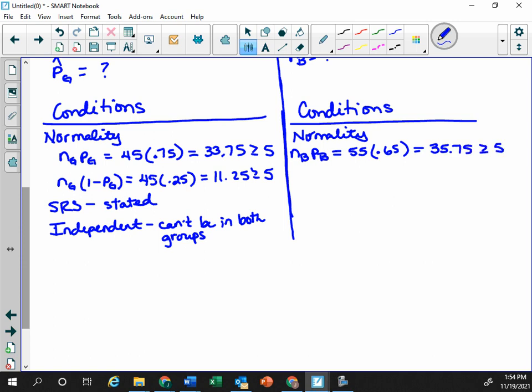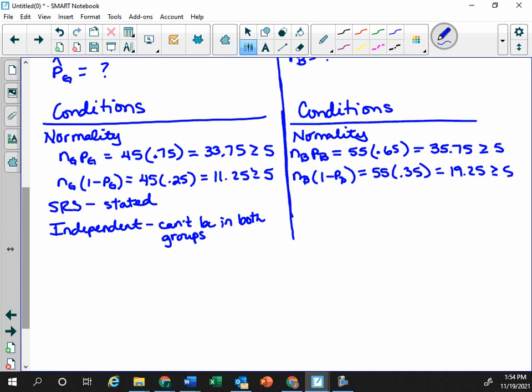Definitely greater than or equal to 5. Then N sub B times 1 minus P sub B. So 55 times 0.35. That comes out to 19.25, also definitely greater than 5.